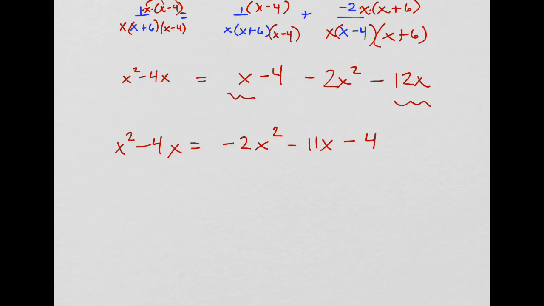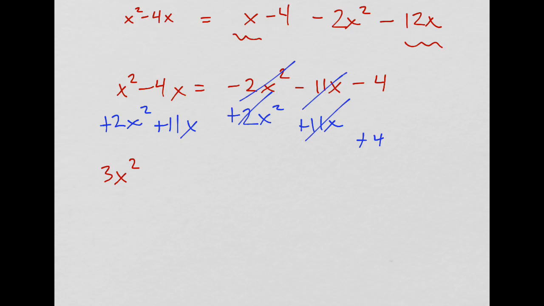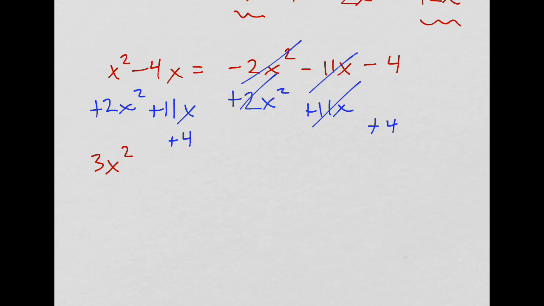So I'm going to add 2x squared. And then I have 3x squared. I'll add 11x to both sides. And I'll add 4. So I get 3x squared plus 7x plus 4 equals 0.